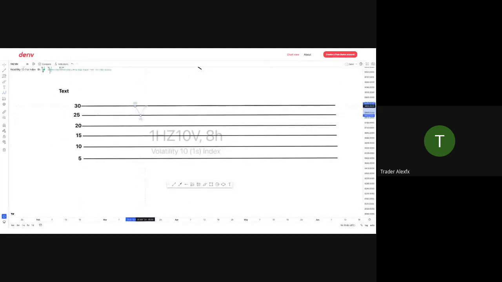From 25 it went back to 30, because price fluctuates, right? From 30, it came back down to 20.